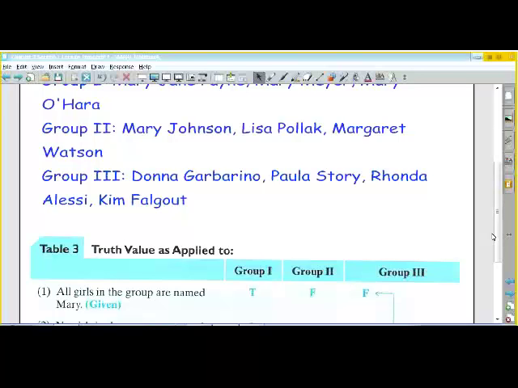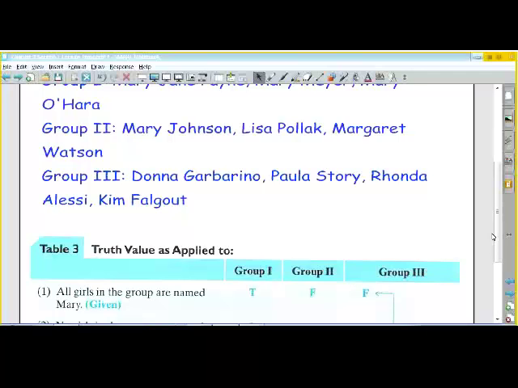You can't see them, but I told you that. So it is true: in group 1, all of the girls are named Mary. In group 2, not all of the girls are named Mary, therefore it's a false statement. And finally, in the last group, where none of them are named Mary, the given statement is false.